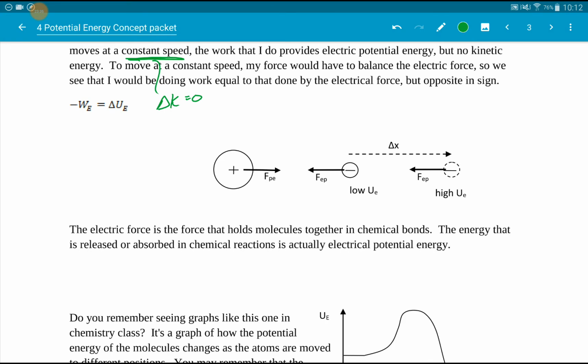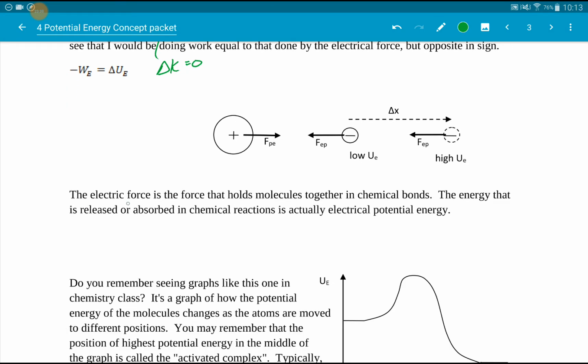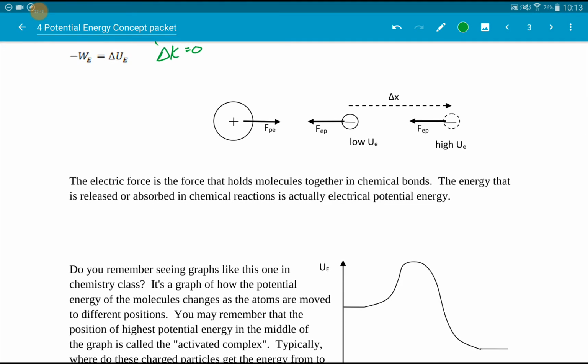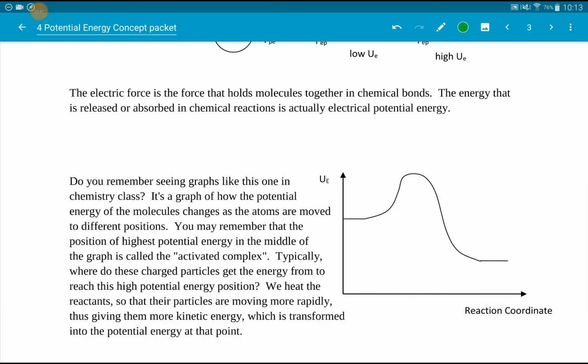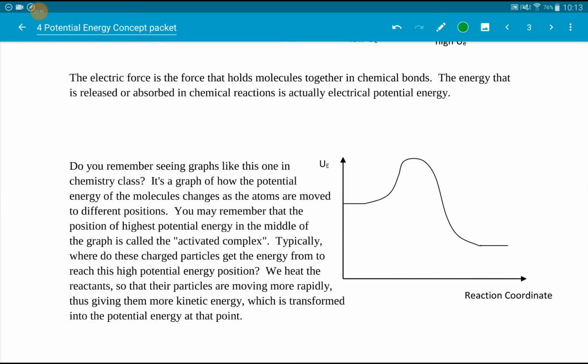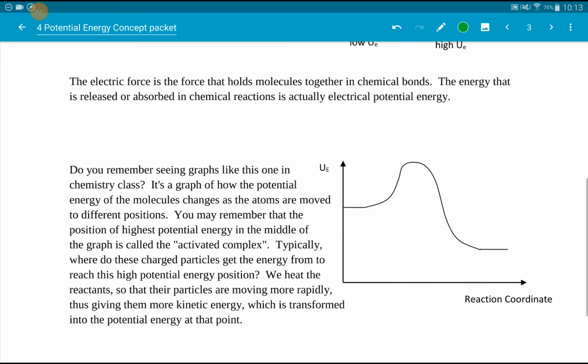Okay. So the electric force is the force that holds the molecules together in chemical bonds. The energy released and absorbed in chemical reactions is actually electric potential energy. That's true. Do you remember this graph from back in chemistry? You had some amount of energy and they just labeled it as energy over here, but really we know that it's electric potential energy now.